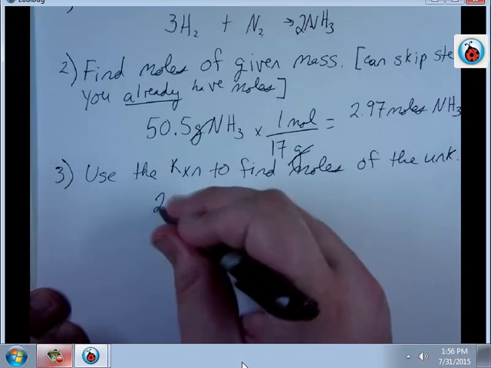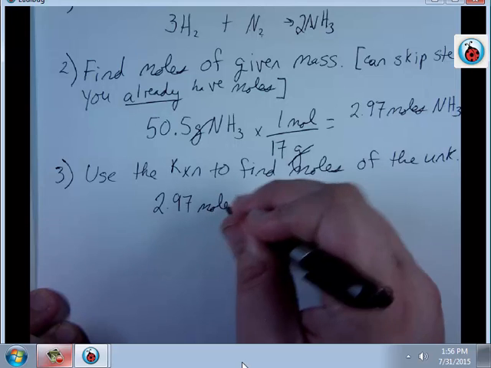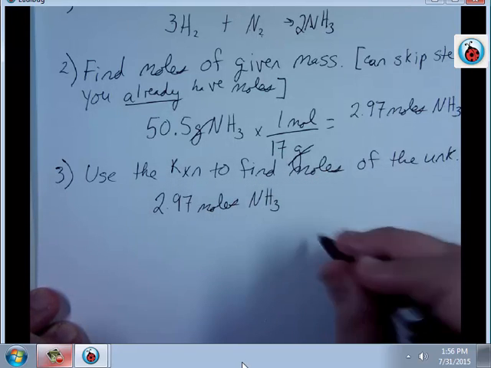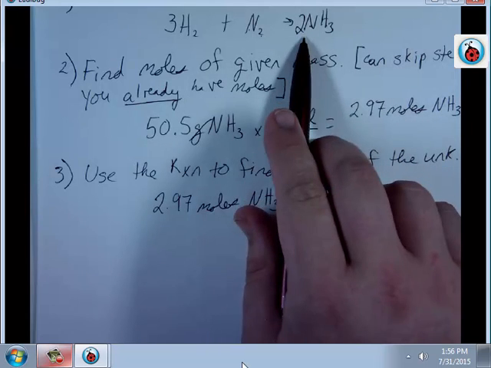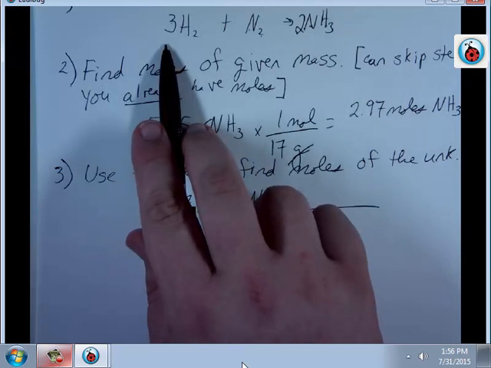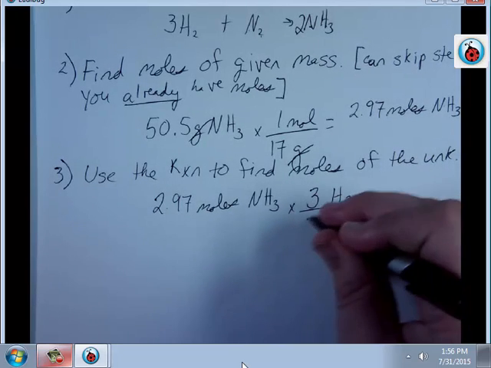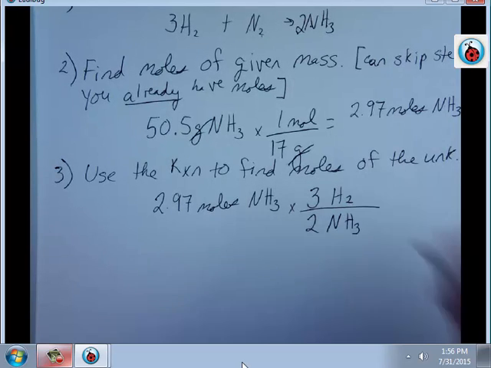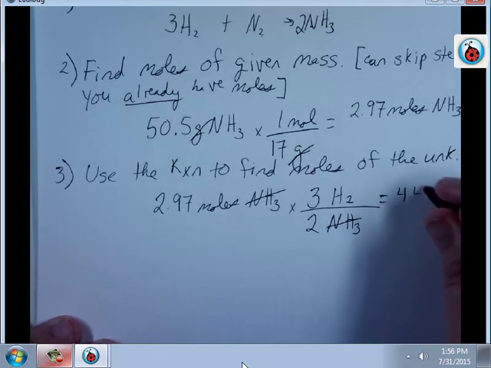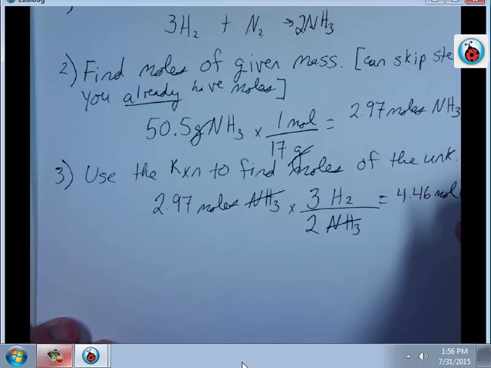I know I have 2.97 moles of NH3. Now, if I go back up to here, it's 3H2 for every 2 NH3. So now the NH3s cancel out, and I'm left with moles of H2. And 2.97 times 3 over 2 gives you about 4.46 moles of H2.